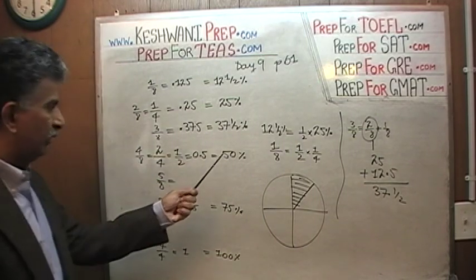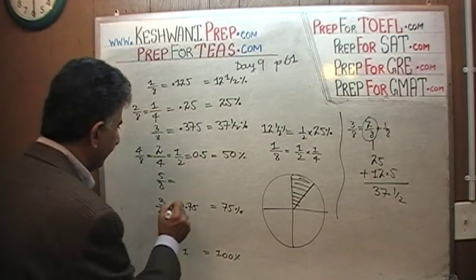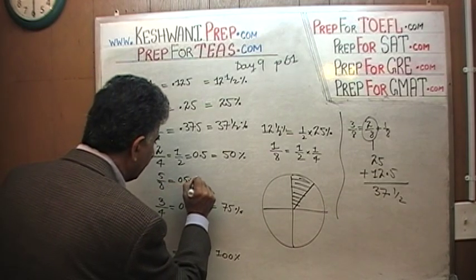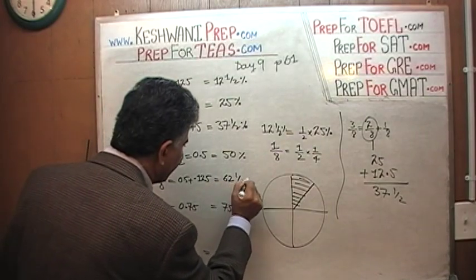What about our 5/8? 5/8, again, is just going to be whatever this quantity is plus another 12.5. 5/8 is going to be 0.5 plus 0.125, which is going to be 62.5%.